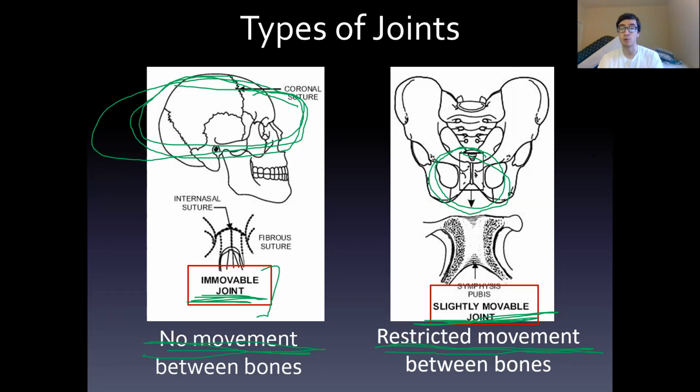It's also especially important in women giving birth, because the slightly movable joint allows the hip bones to spread apart a tiny bit and allow a little more space for the baby to move through. So immovable joints in our skull are just bones that have fused together and don't allow any movement. The slightly movable joint in our hips allows for a tiny bit of movement between the two bones.